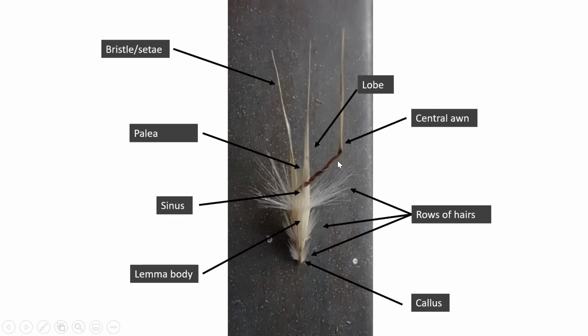You've also got your central awn, where the awn comes to the base, and there's that fork in the lobes. That's called the sinus. The bottom hard bit of the lemma body is called the callus, and you've got varying degrees of hairs. Sometimes they're in rows, sometimes they're all over it, sometimes it doesn't have any.